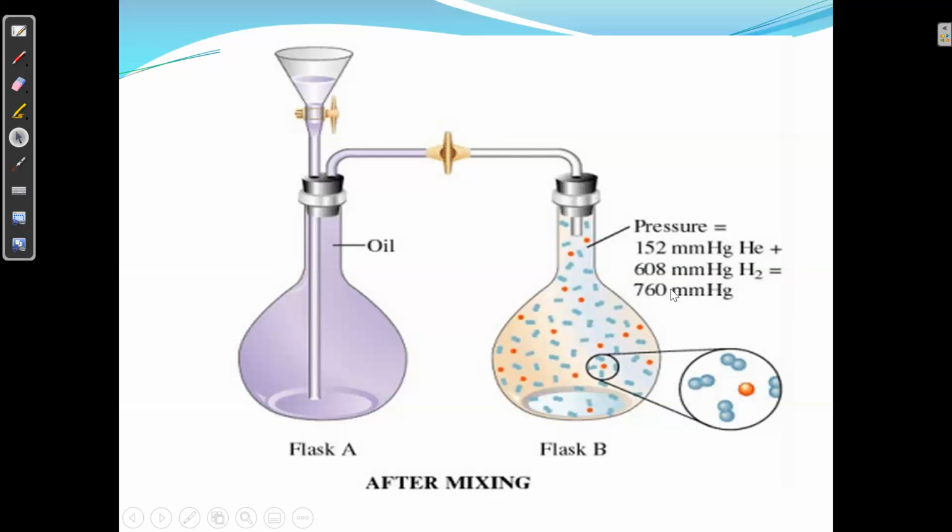So this is Dalton's law. Dalton's law states that the total pressure exerted in a mixture is equal to the sum of the individual pressures of each gas, or the sum of the partial pressures of each gas.